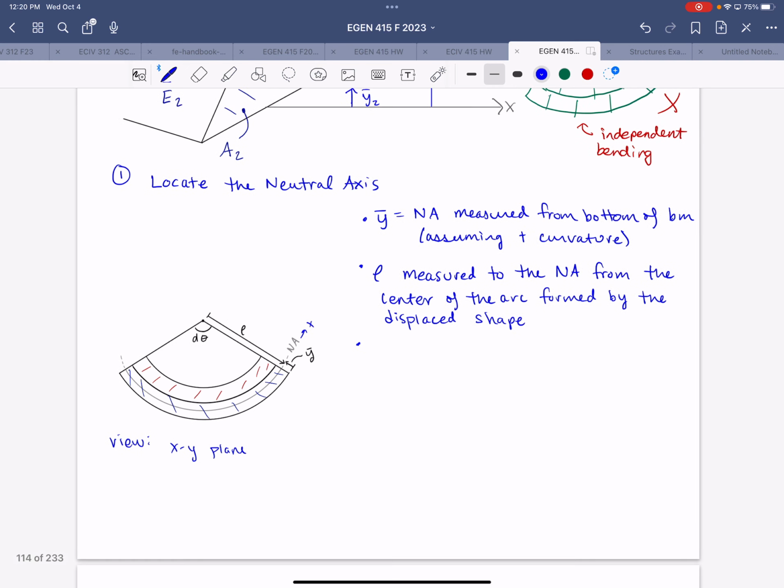And at the neutral axis, there is not going to be any change in length due to beam bending. So we know that is a defining characteristic of the neutral axis.